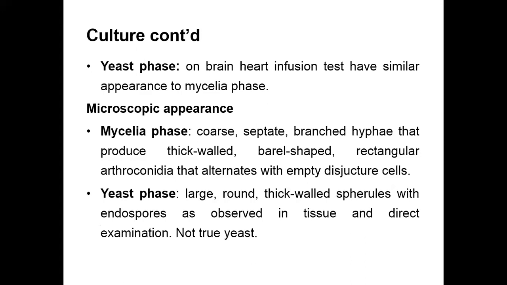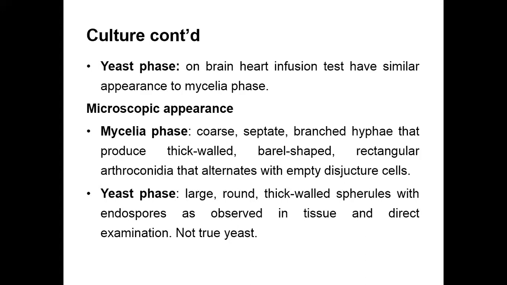However, we understand that all these fungi are dimorphic in nature; there is a yeast phase also. If we want to cultivate the same fungi in the yeast phase, we need to work with a specific media which we call brain heart infusion media. In both, the mycelial appearance would be similar, right?